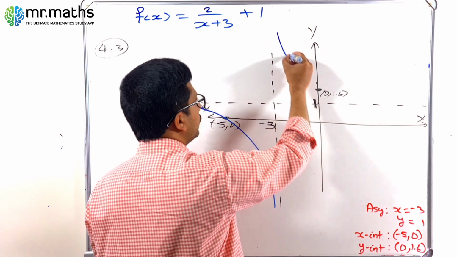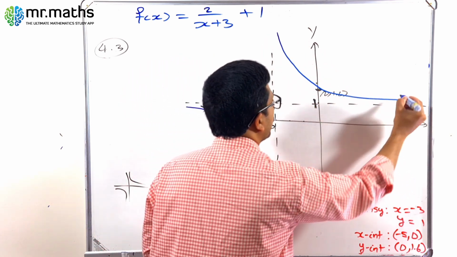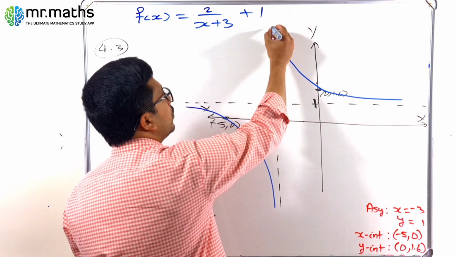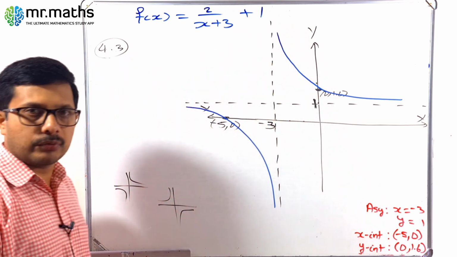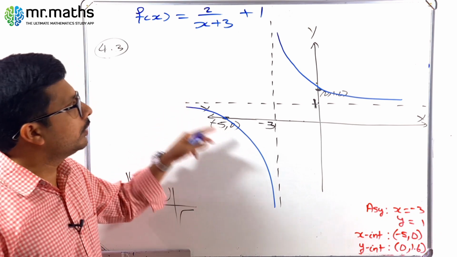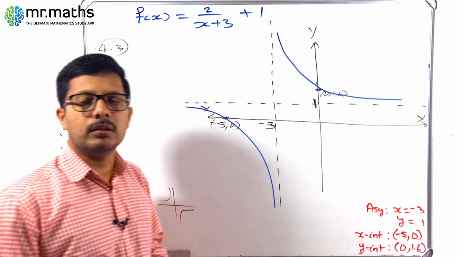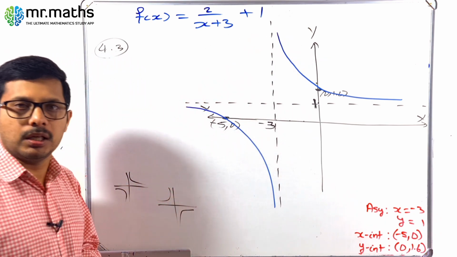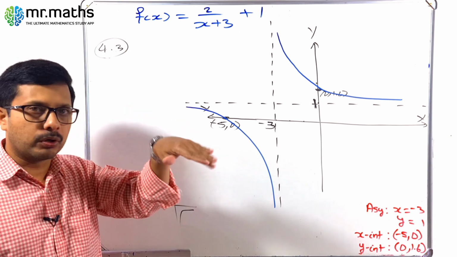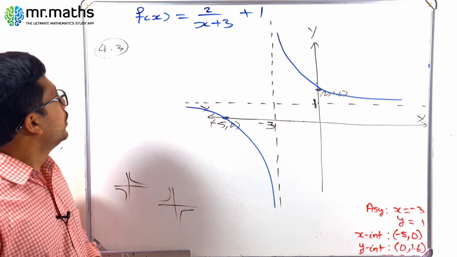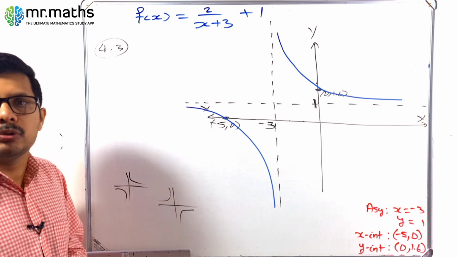So you have to draw passing through that point based on these two asymptotes. Don't touch the asymptote when you draw the graph. If you touch the asymptote, then it's wrong. What is the meaning of asymptote? On that value of asymptote there is no graph. So this is question number 4.3, to sketch the graph.